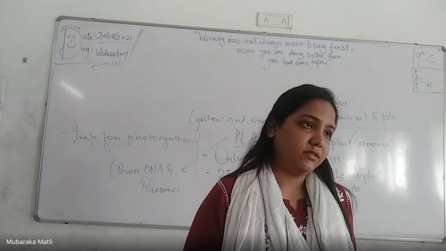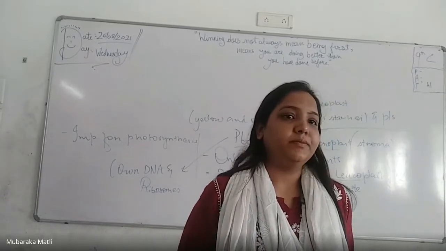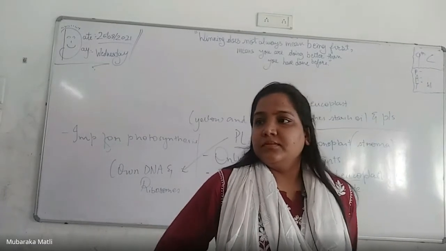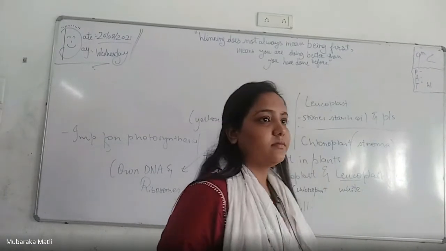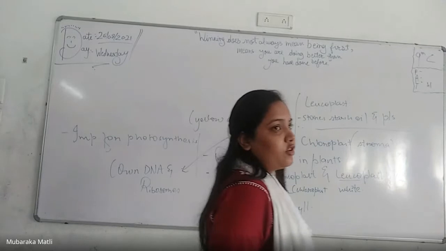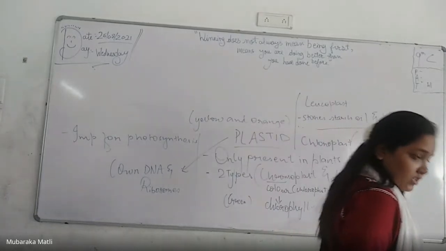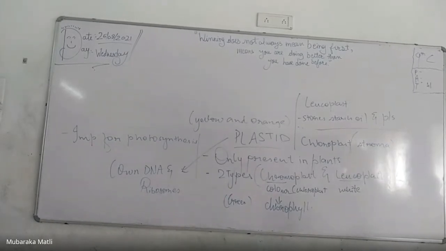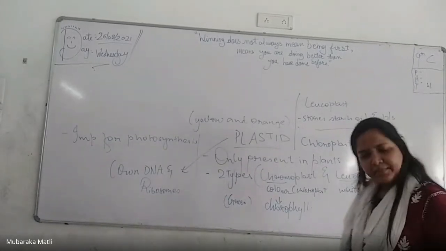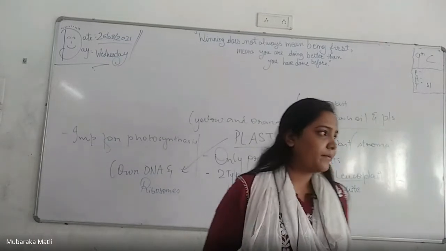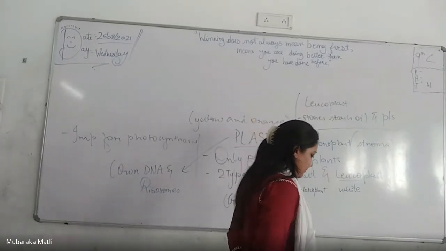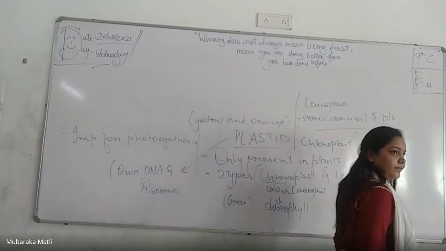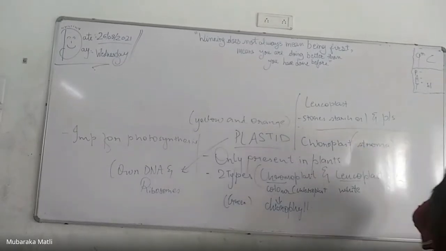Leucoplast. Chromoplast is colored plastid and leucoplast is white or colorless. Then it can also be of which color?